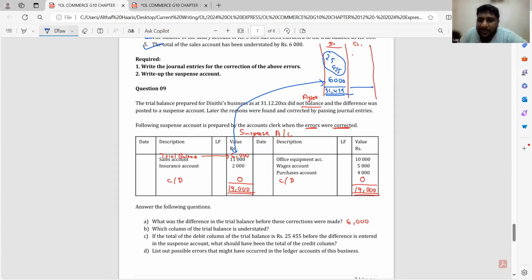In a trial balance, should the debit side and credit side be the same or not the same? Same. Then this should be how much? 31,455. Is that clear now, Farha? 31,455. Yes, good.